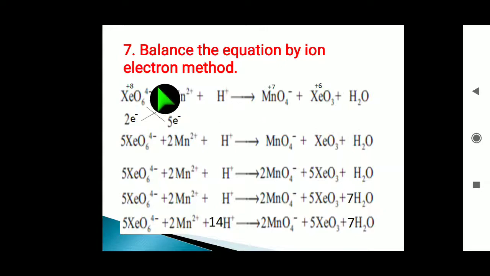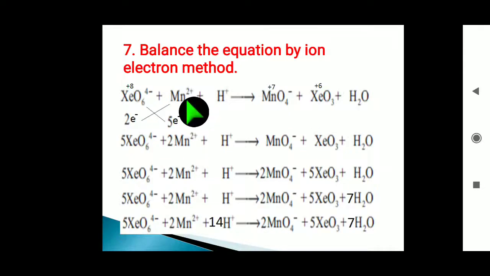First we should compare the xenon oxidation state on the left side and right side. Here plus 8, here plus 6. 2 electron transfer. So below the first reactant, you write 2 electron near the xenon compound.